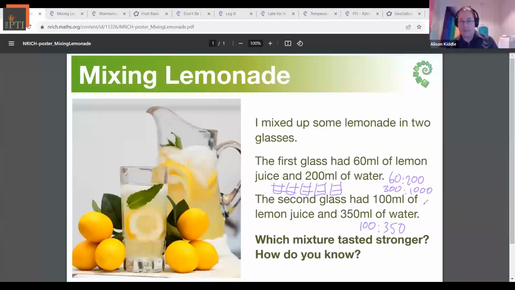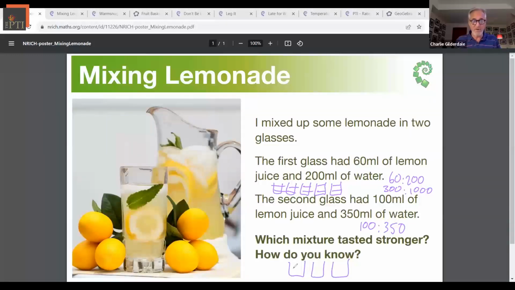In the case of the second glass, I'm not going to have 5 copies of it. I'm going to have just 3 identical glasses. So I will have 300 milliliters of lemon, and I will have 1050 of water.